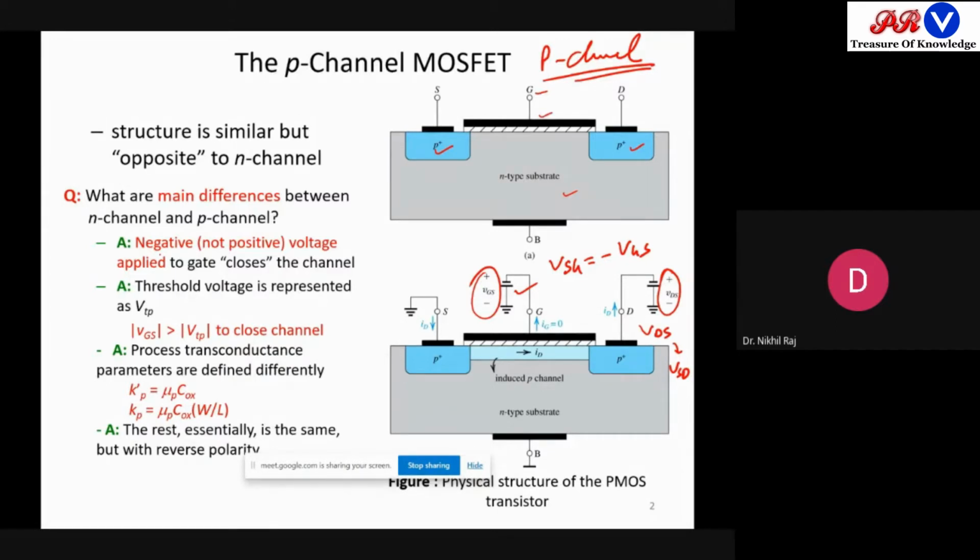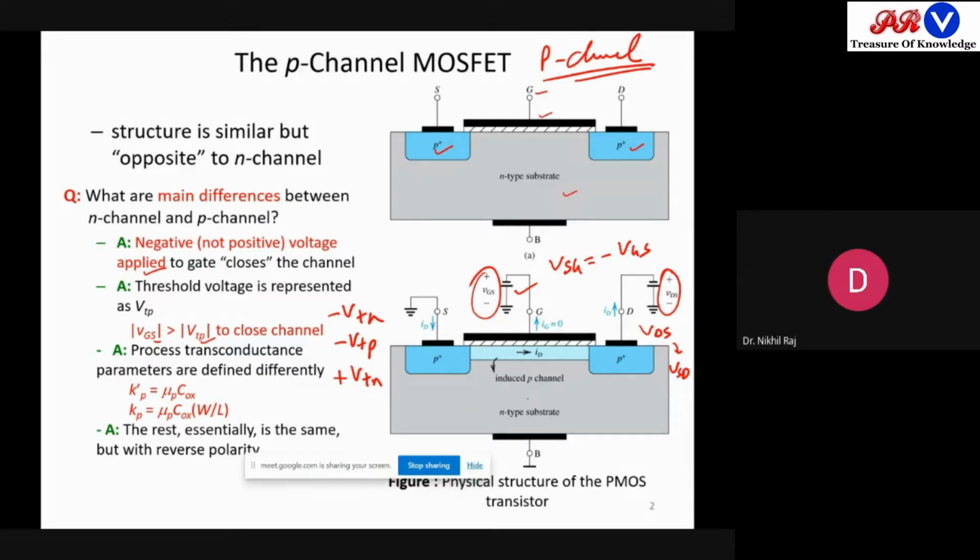So the main difference is that a negative, not positive, voltage is applied to the gate. The threshold voltage VGS should be greater than VTP. Now for the PMOS the threshold voltage is given by minus VTH, or you can say minus VTP, whereas for NMOS it is plus VTN. So this is a major difference.